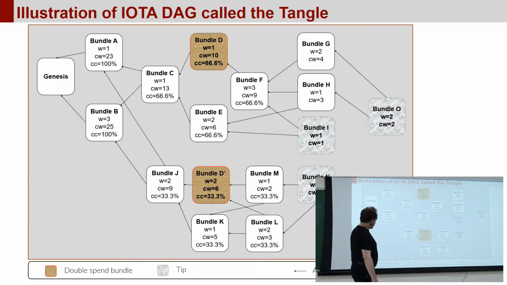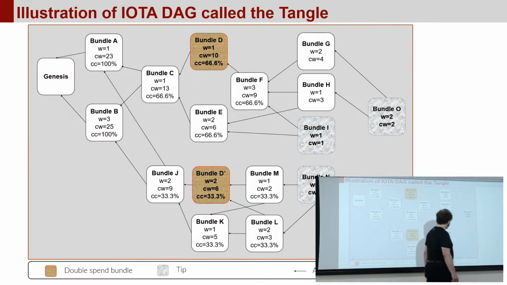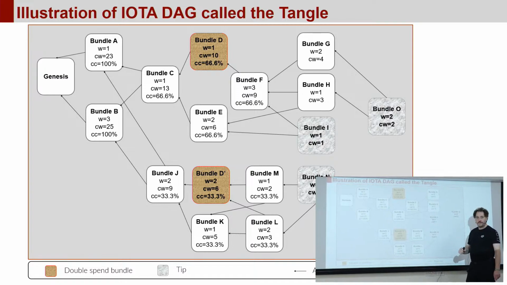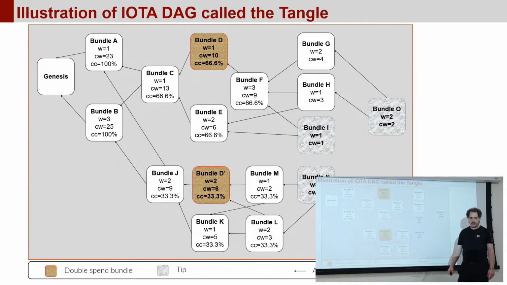I guess we can call it branches of the DAG. Something else. You can see that most of the vertices have incoming edges, but the most recent ones do not. So the most recent vertices without incoming edges are called tips of the DAG in IOTA terminology.